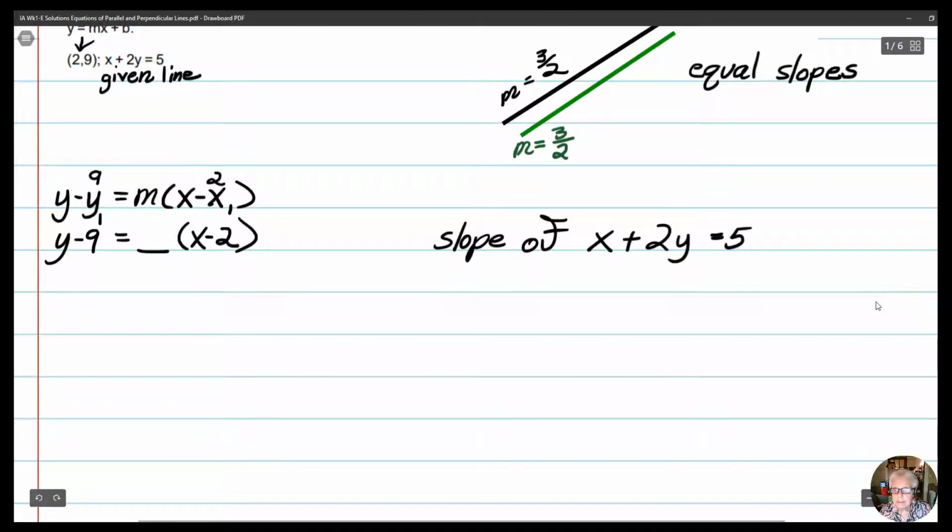Doesn't say it's negative. I'm going to erase the 5, and I'm going to move it over here. Then I'm going to subtract this x over to the other side. So I'll subtract it here, and I'll subtract it here, which of course makes it negative.